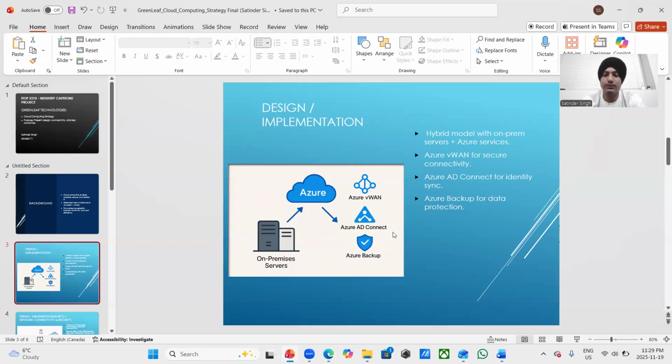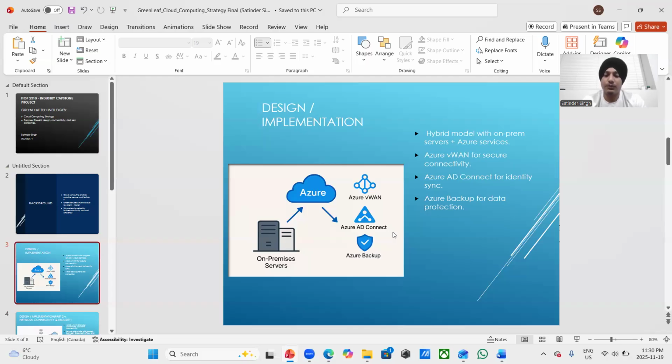The third point is Azure Active Directory Connect for identity synchronization, such as multi-factor authentication and the identity of a person.